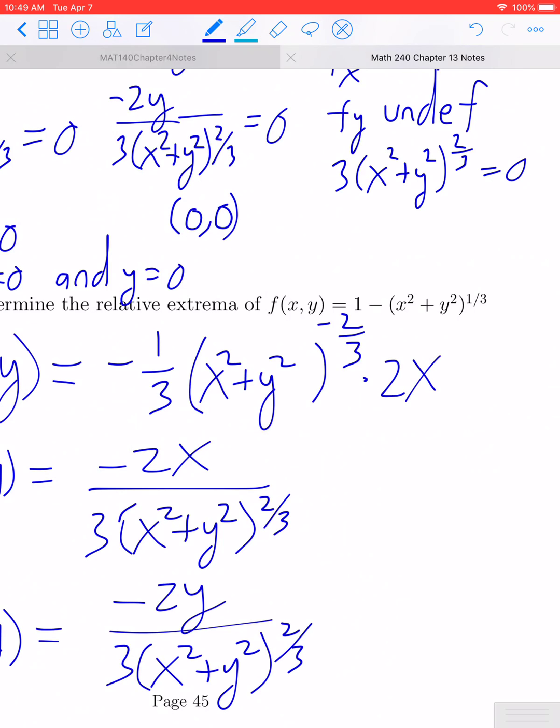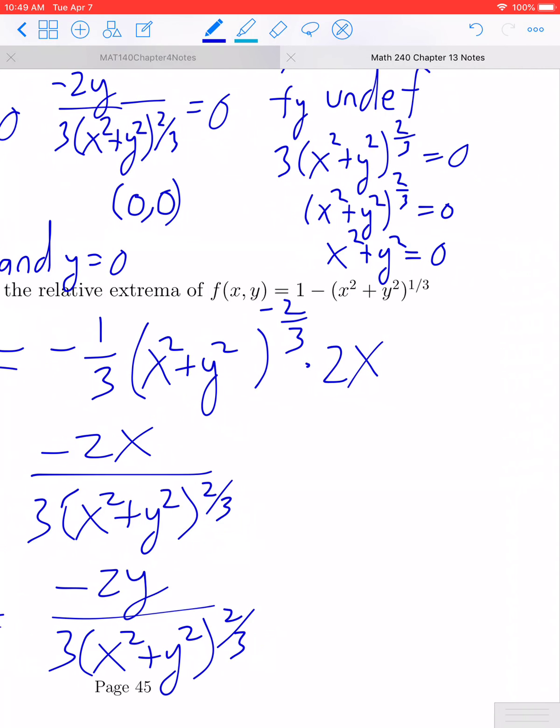You would divide both sides by 3. We would get (x squared plus y squared) to the 2/3 equals 0. To get rid of the 2/3 power, you could raise both sides of the equation to the reciprocal power 3/2. That would give us x squared plus y squared equals 0. And x squared plus y squared equals 0 will only ever occur when both x and y are simultaneously equal to 0. So it produces the same ordered pair that we had from our first type.